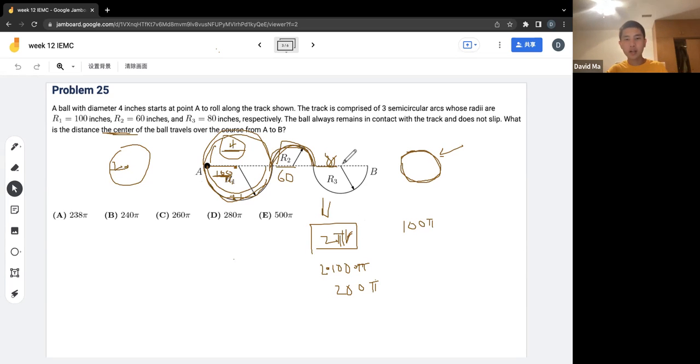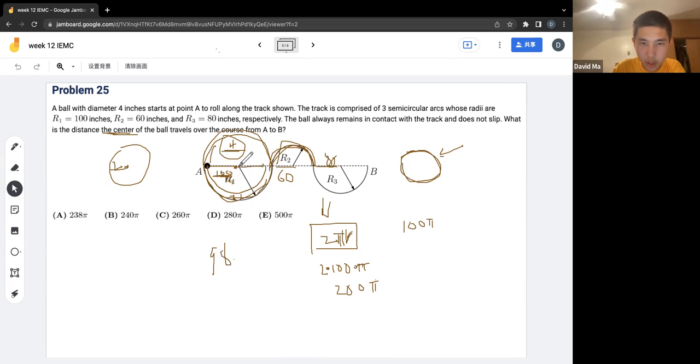So actually, we could see that the radius of the smallest circle, which is how much distance the center of the ball traveled, is the radius of the big circle minus 2. So it's 100 minus 2, which is 98.